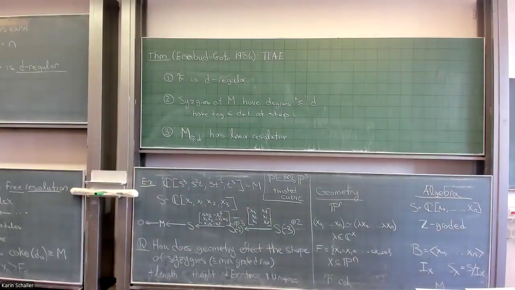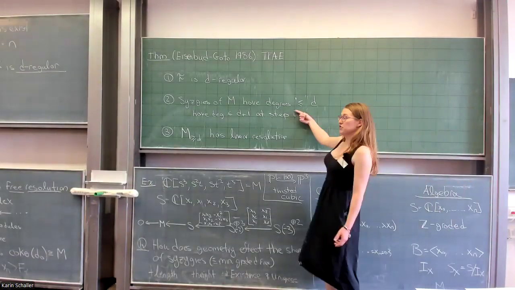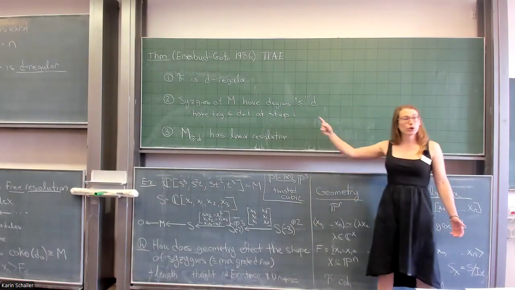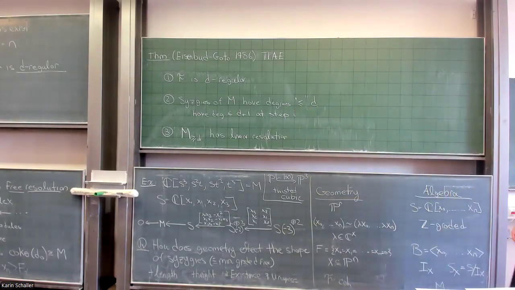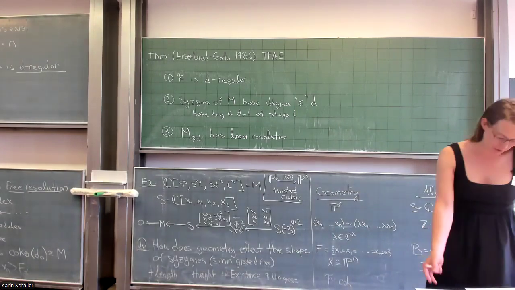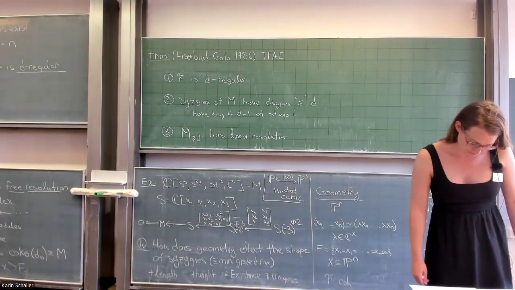It's much easier to ask someone to write down a resolution, or even better, ask Macaulay2 to write down a resolution, than it is to ask a friend to compute sheaf cohomology. Or at least my friends. I don't know. Maybe some of your friends really love sheaf cohomology.